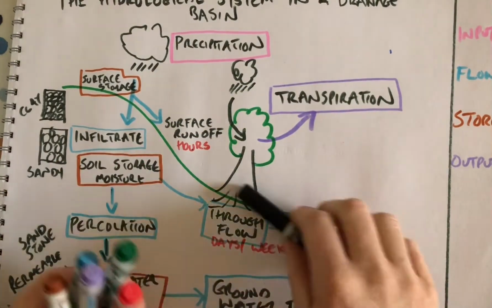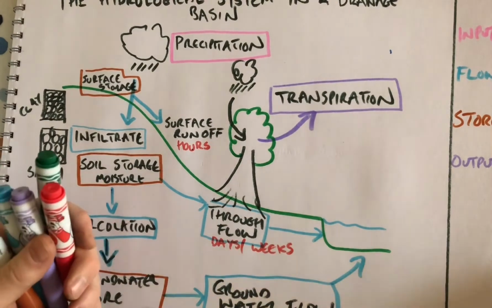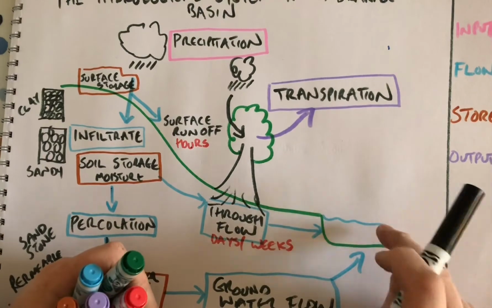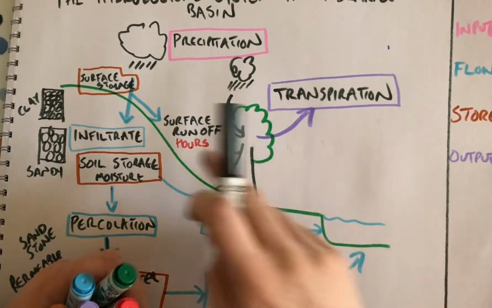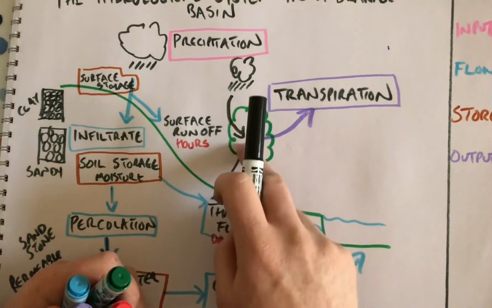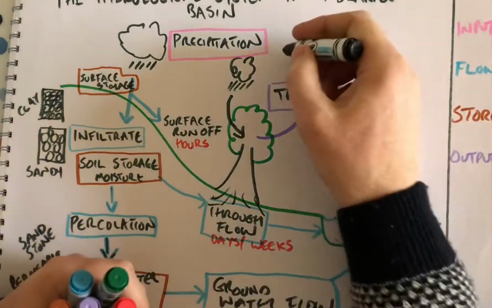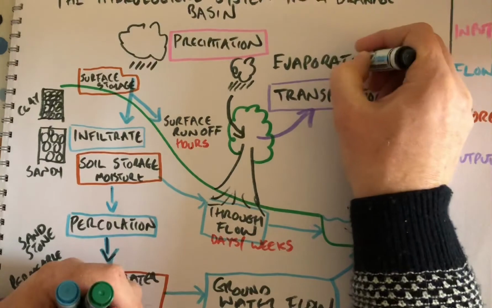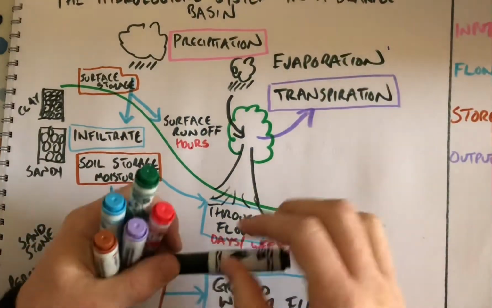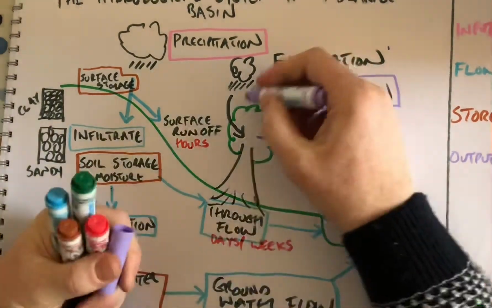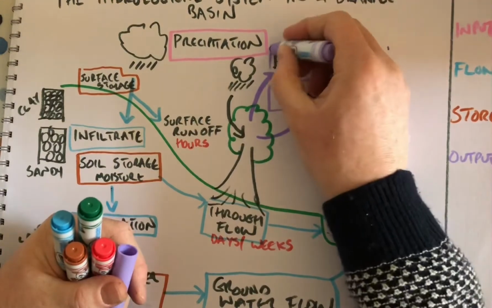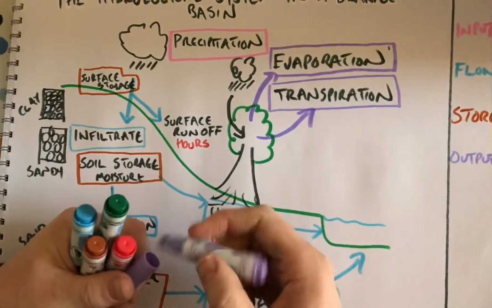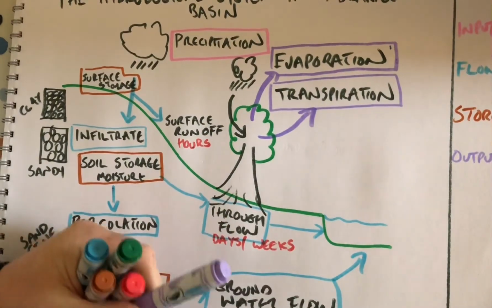But we also know that water will evaporate, either from the river itself, from the soil, or from the plants. So evaporation will be that rain just lands on the plant, lands on the leaves, and the sun comes out and the water is evaporated straight off of the leaf.